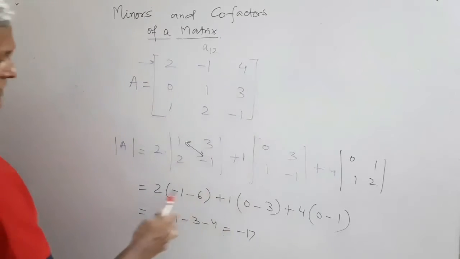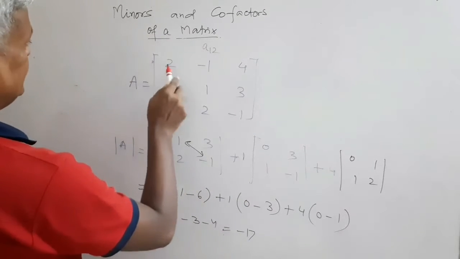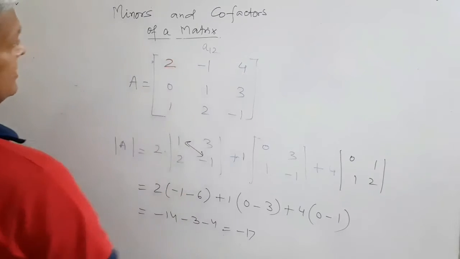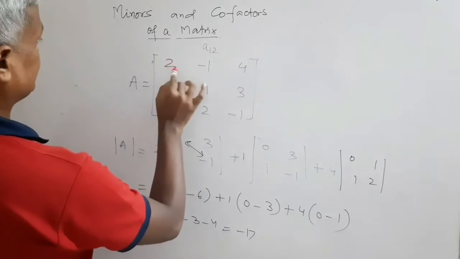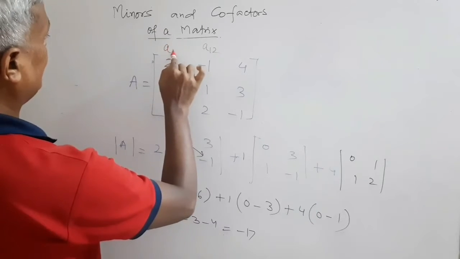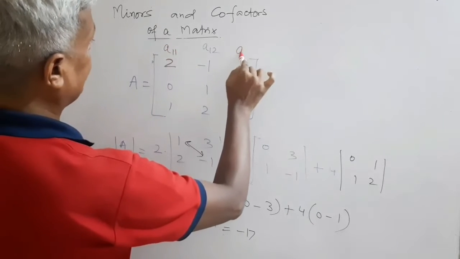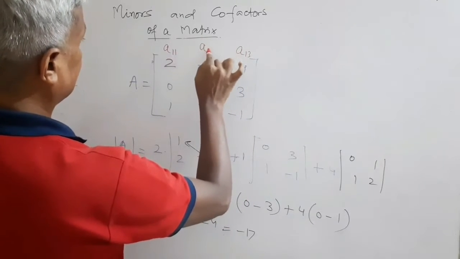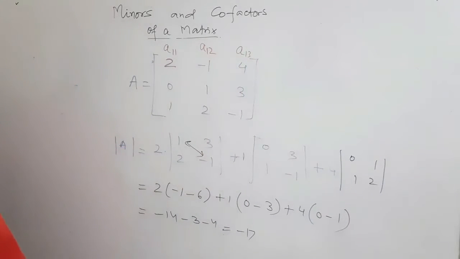Now pay attention to this explanation again. The position subscript for this element is A11, and this is A13. So we have A12, A13.